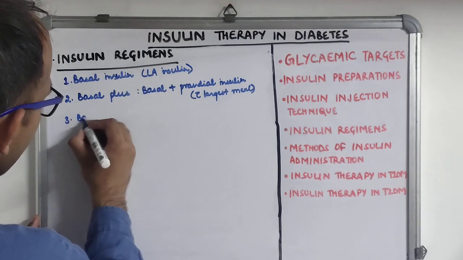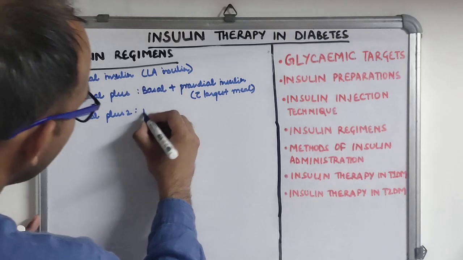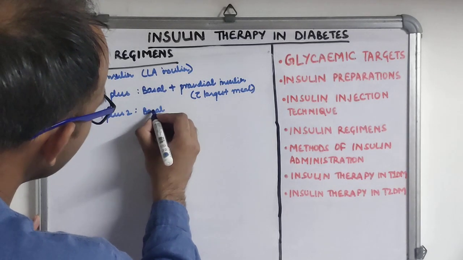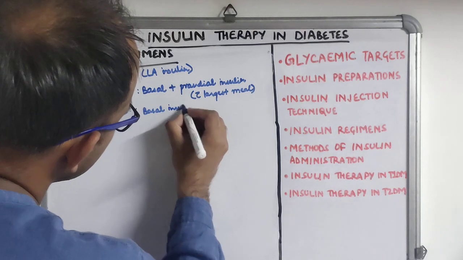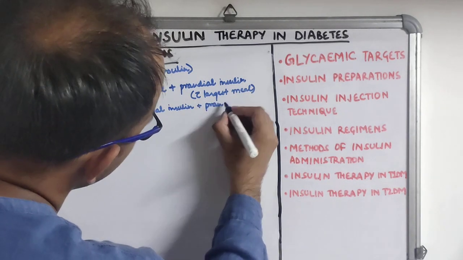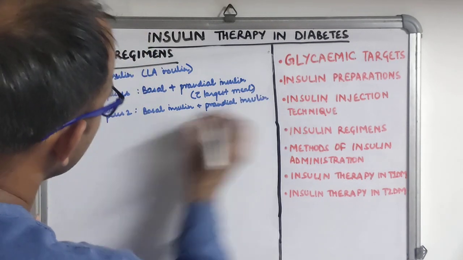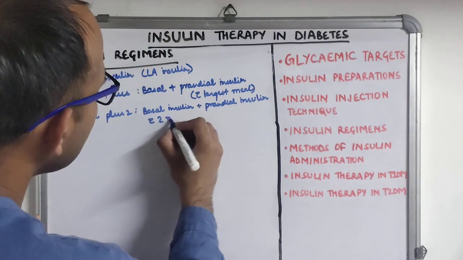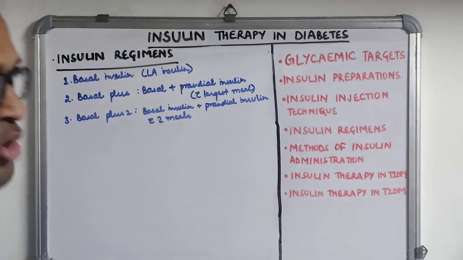Then we have basal plus 2, in which we give basal insulin plus prandial insulin with 2 major meals. Supposing some people take meals only twice a day, this is a good one for them.